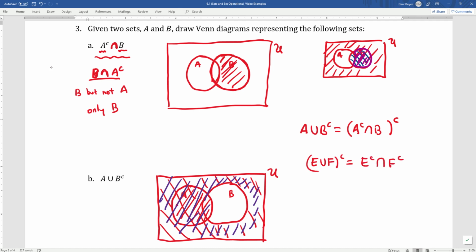So both of the sets get complemented, and the union turns into an intersection. And that's algebra. That's kind of like a distributive property or something. Some kind of exponent law for set operations. Now, that's not something that you have to have memorized. It's just a nice fun fact. But I guess the point here is we were able to illustrate that fact using Venn diagrams. Okay? So that was fun.